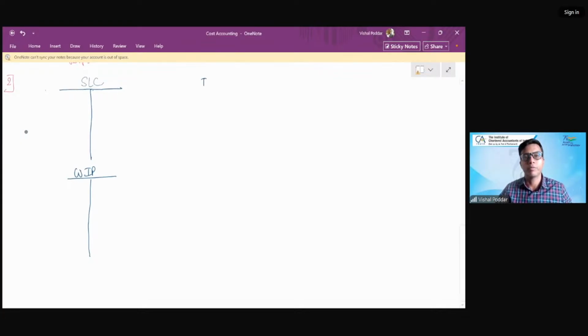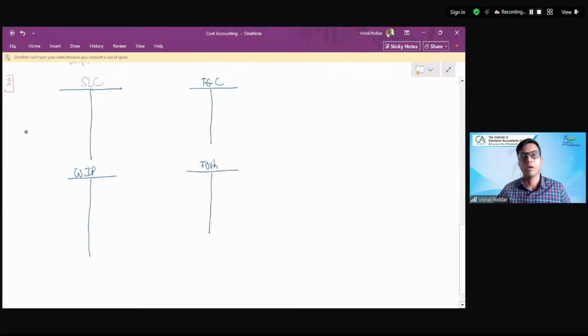We prepare the finished goods. We prepare the factory overheads. We prepare the COGS. We prepare the creditors for purchases.